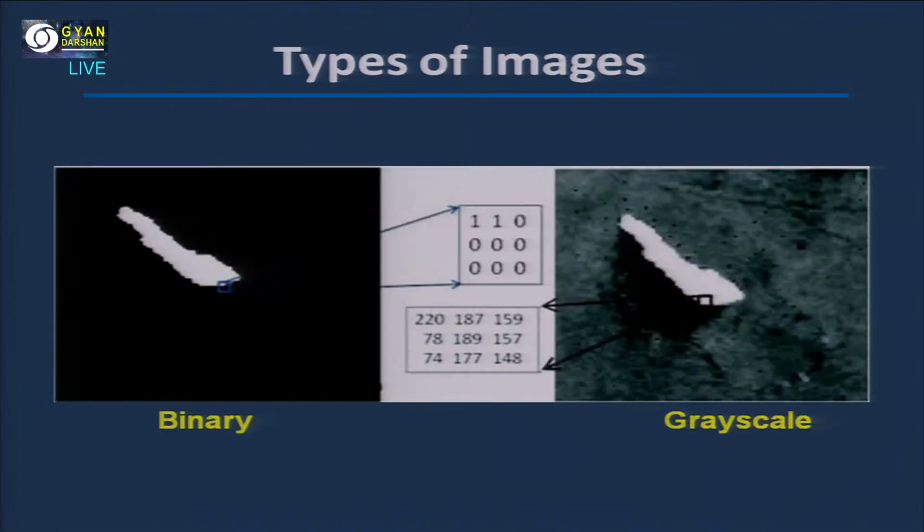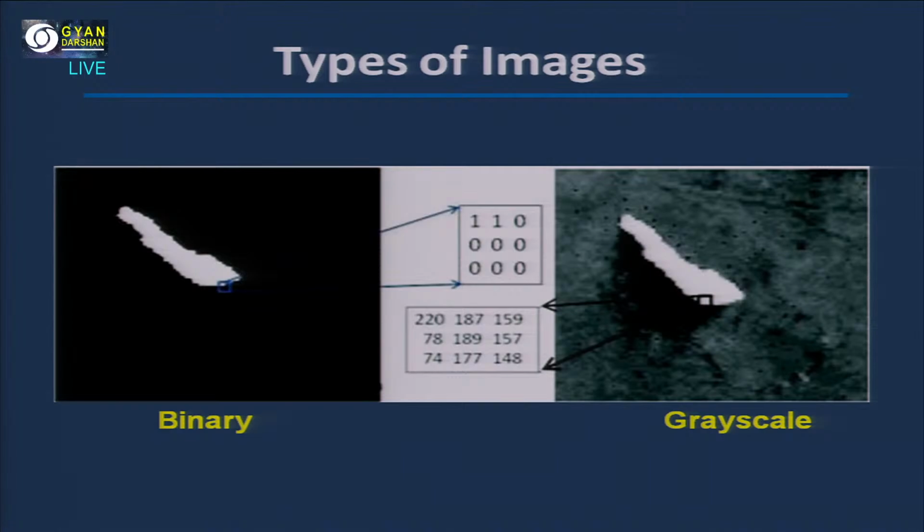Now coming to the binary image. Binary means that it has two values, 0 and 1, which are available to represent features in an image. Here the 0 value represents the water, and the bright one, the 1 value, represents the land feature. These are the two features present in this image represented on the left side.